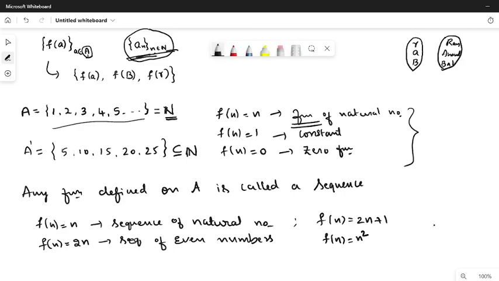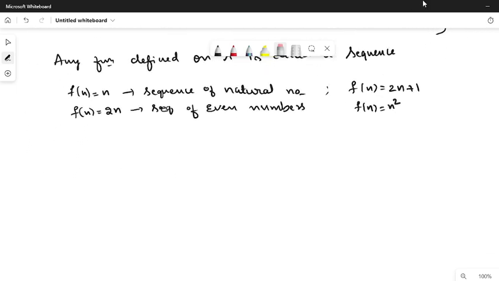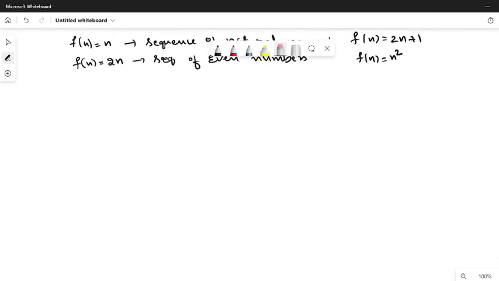Okay, let us take some examples. Let f of n equal to n square plus n.